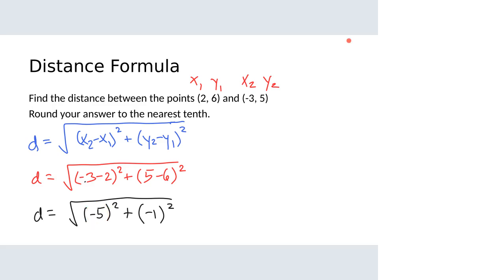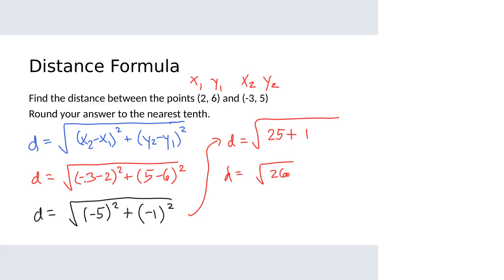The -5 is getting squared, not just the 5. So keep those parentheses around there, and our distance will be -5 times -5, -1 times -1. And so our distance between these 2 points will be the square root of 26.